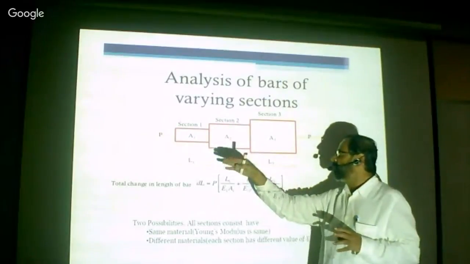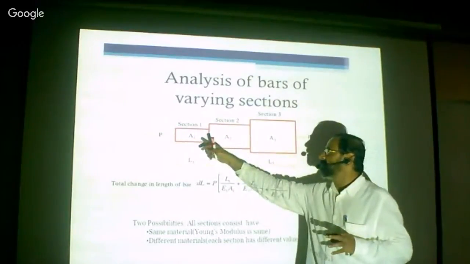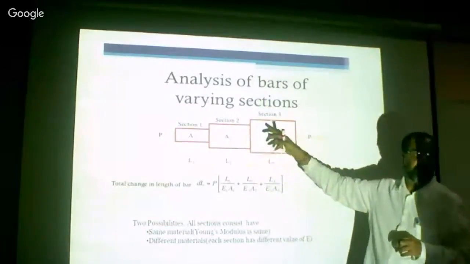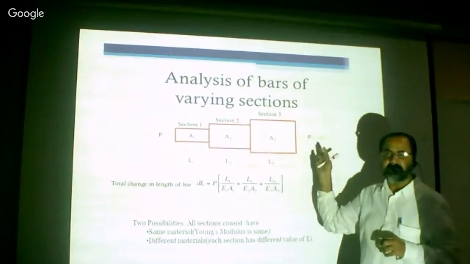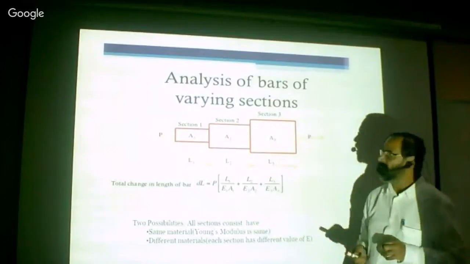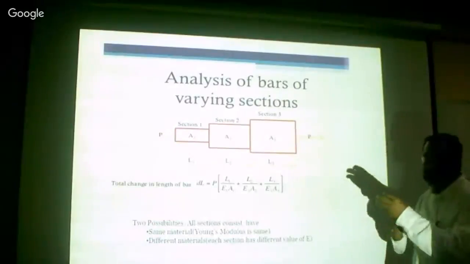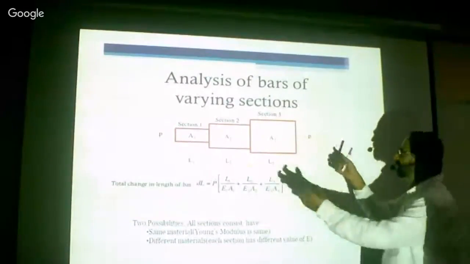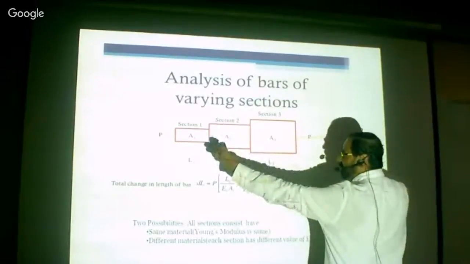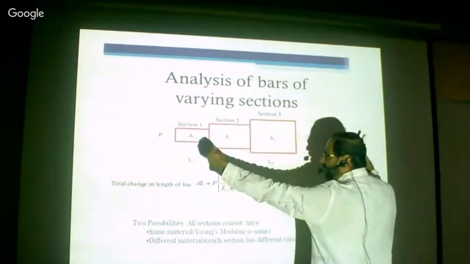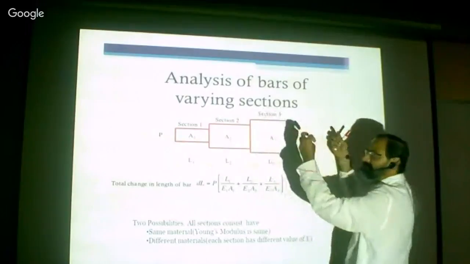Then Young's modulus of section 1 is E1, of section 2 is E2, of section 3 is E3, and so on. Then how do we analyze this? How do we solve the problem? When you apply the force, the body gets elongated. By how much?